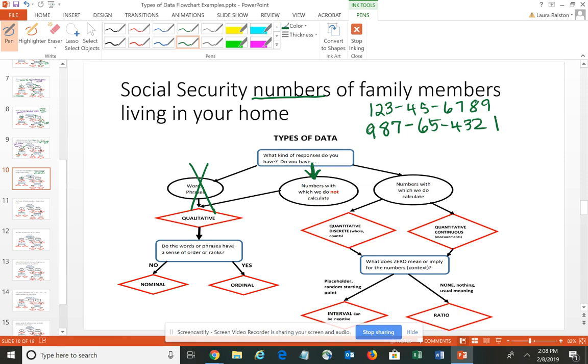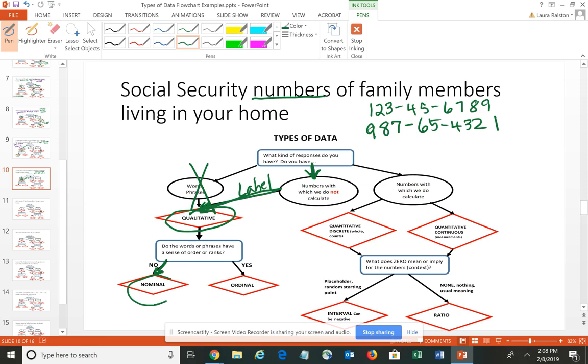It's simply a way that the government tracks you. It's almost like a label. Because it's a label and we don't calculate with it, it's actually considered qualitative data. And then do they have a sense of order? Well, if you look at the numbers, there does seem to be a sense of order, but the numbers are just random, so there's really no sense of order here.